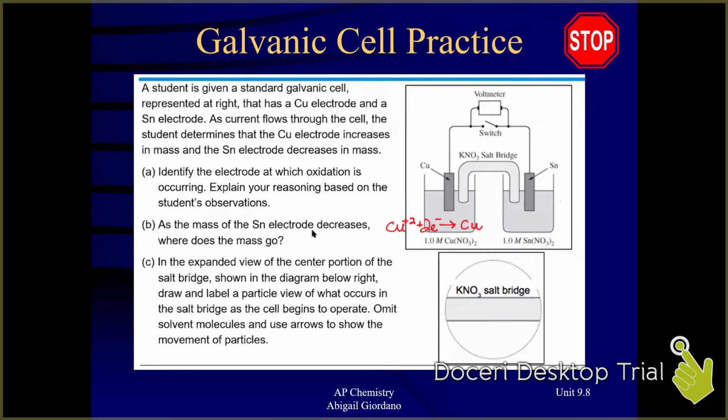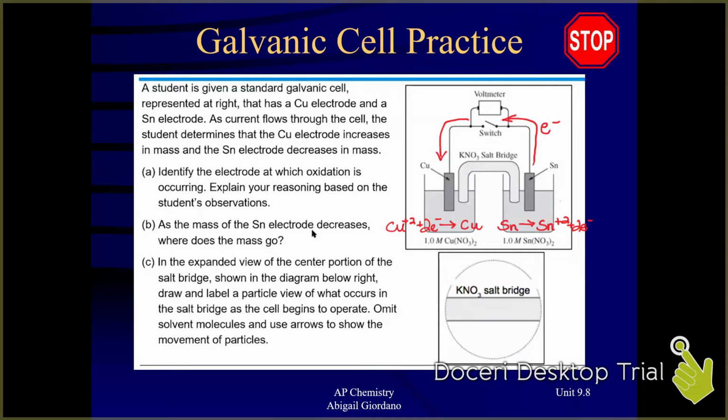The electrons are coming in to the copper half cell, which tells me that the tin half reaction must look kind of the opposite. The tin half reaction is losing the electrons. So guys, what does that mean? That means the electrons are flowing in this direction.